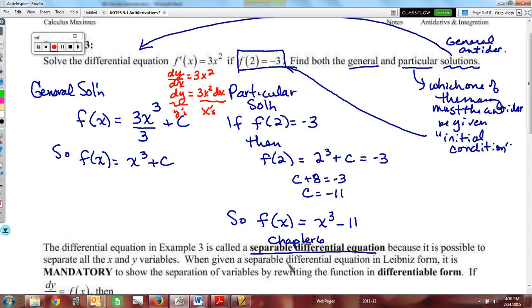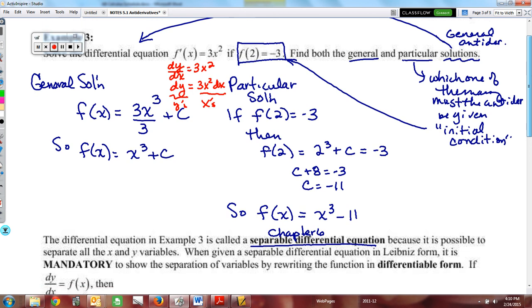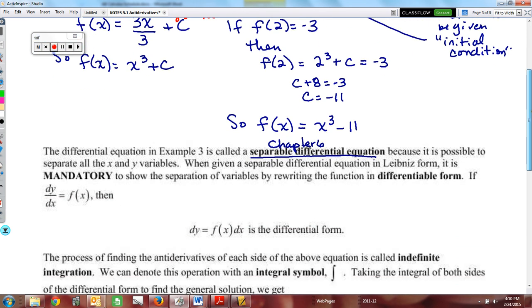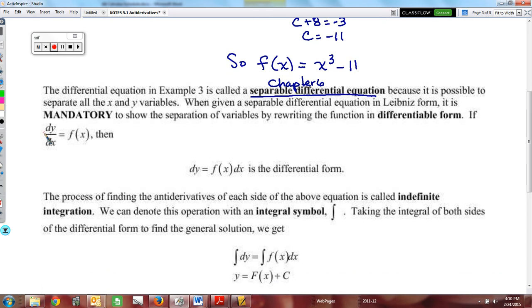And that always basically means that it's really easy to find the antiderivative of those. Okay? So here's my derivative, and then we rewrite it. This is what we show as the separation of variables. This is going to be a necessary step. We show the separation of variables by putting it in its differential form.